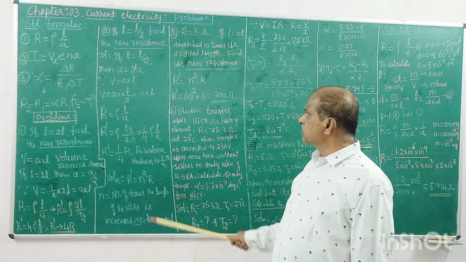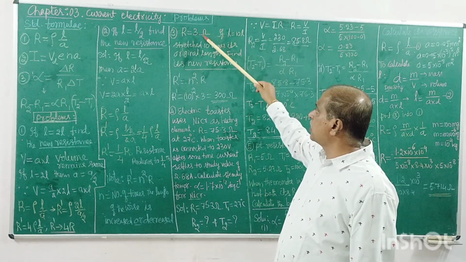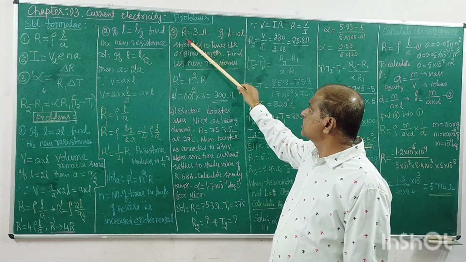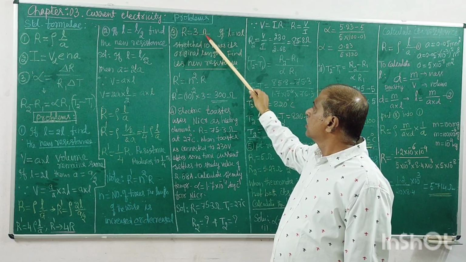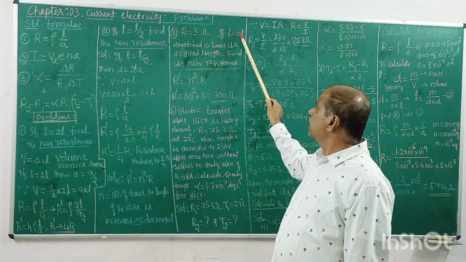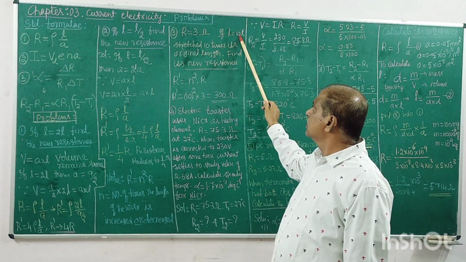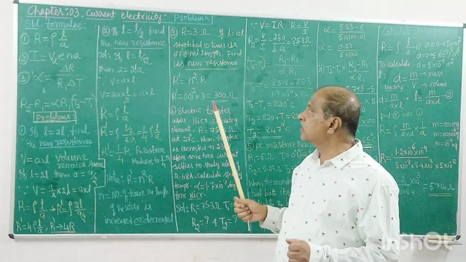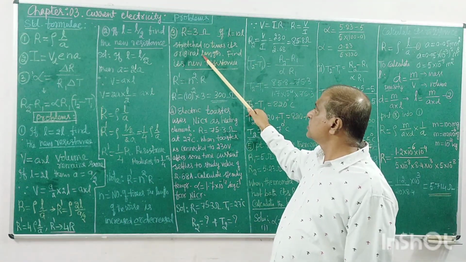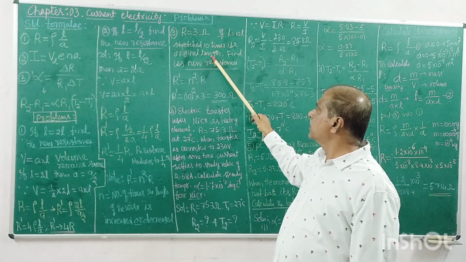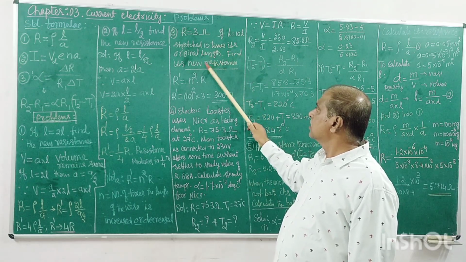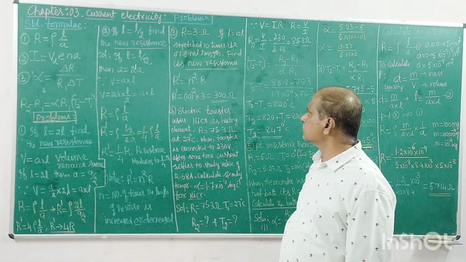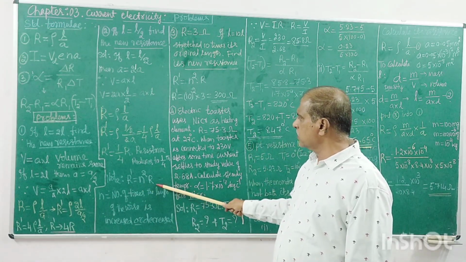So on this equation, let us go for a problem like this. There is a metallic wire, resistance is 3 ohm. If L becomes 10L, that means the wire is stretched to 10 times its initial length. If that is the case, what is the resistance of that wire after the change? Straight away you can use this.